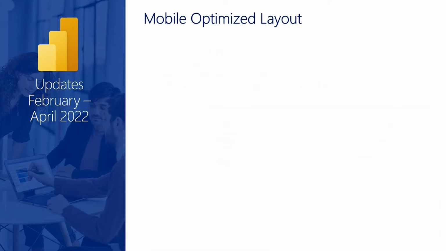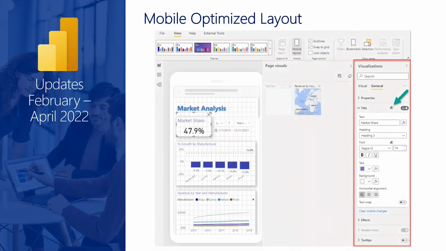All right. Another really cool new feature is the ability to optimize your layout for mobile. The mobile view layout is a cool feature in Power BI. It lets you grab any of the visuals and arrange them on a page. In the past, you had very little flexibility other than where you put it on the layout and how big you made it. Now, as you can see, they've added a visualization customization on the right.